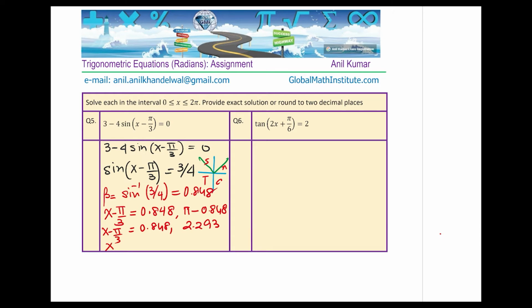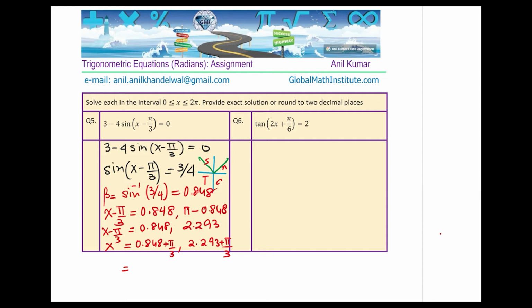Now to find what x is, you have to add pi by 3 to this, right? So we have 0.848 plus pi by 3, and 2.293 plus pi by 3. Let's add pi by 3.